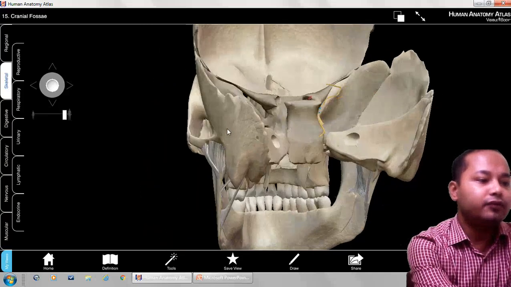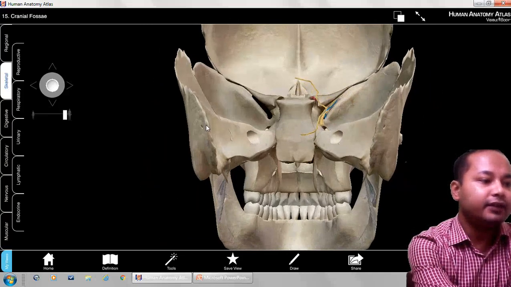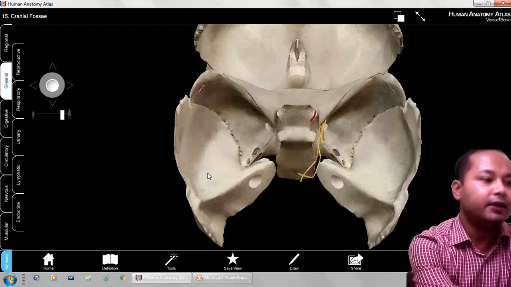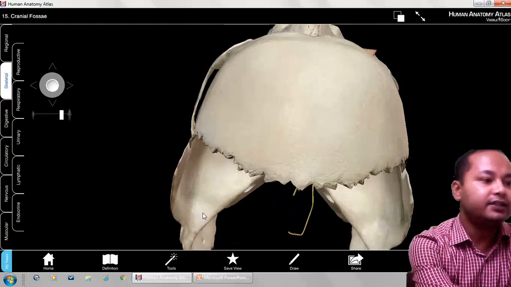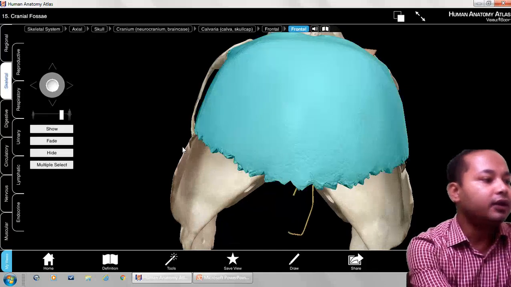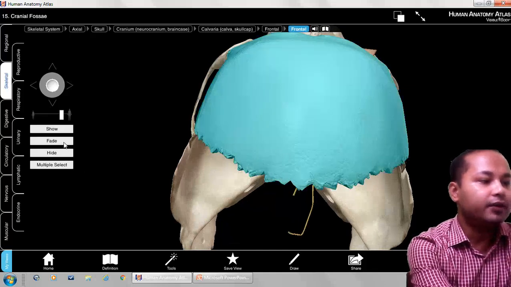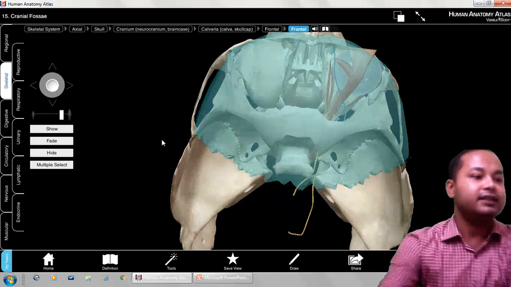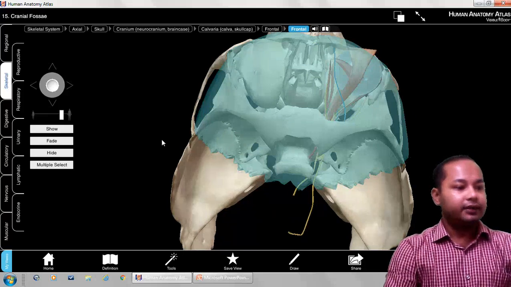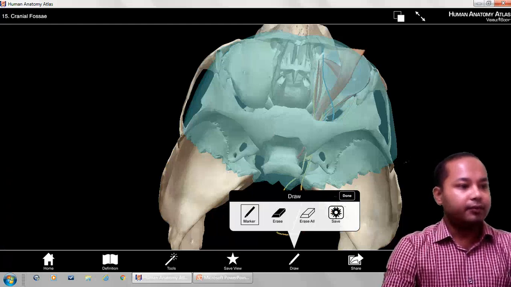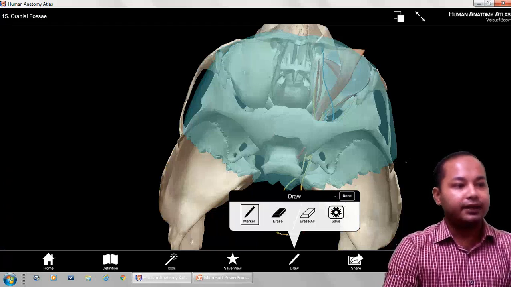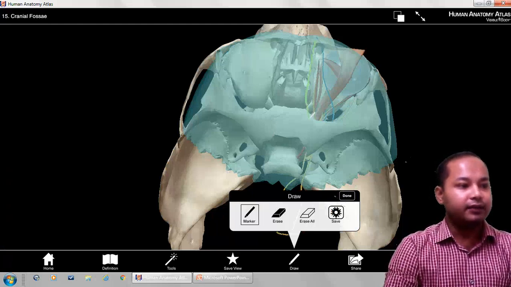When we go from the back side and look at the skull from above, and I make the frontal bone a little bit faded, we see that the orbital cavity has a medial wall and a lateral wall.